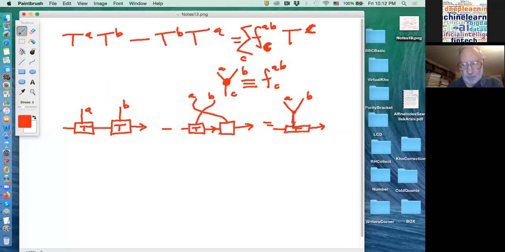And we're summing on the internal index C, just as we did before. And there is our commutation relation. And I could abstract this. If I abstracted it, it would look like this.